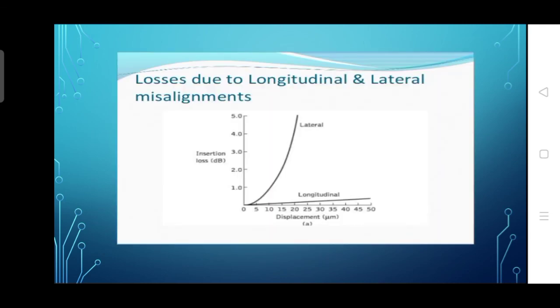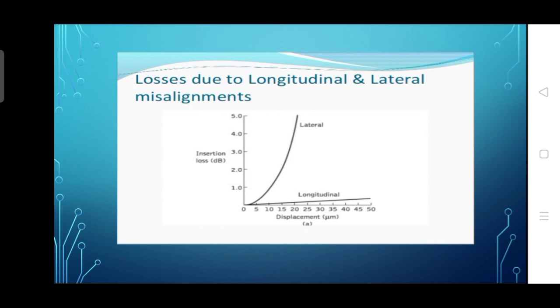So, losses due to longitudinal and lateral misalignments. Our y-axis represents the insertion loss and our x-axis represents the displacement. If you can see, in the lateral misalignment, after reaching about the value of 15, the insertion loss drastically increases, while in the longitudinal misalignment, as the displacement increases, the insertion loss gradually increases.